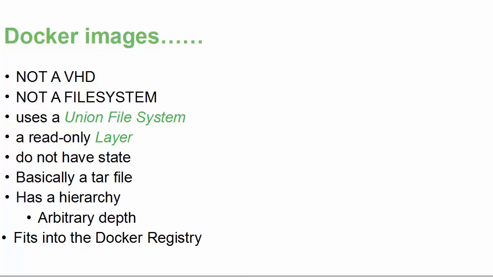So when your Docker image runs as a Docker container inside the Docker engine, and when you stop these running containers, these images will not save any state. So they are stateless. Basically an image is a tar file which has a hierarchy and an arbitrary depth. And that's how it fits into your Docker registry, for example, DockerHub or any private Docker registry.